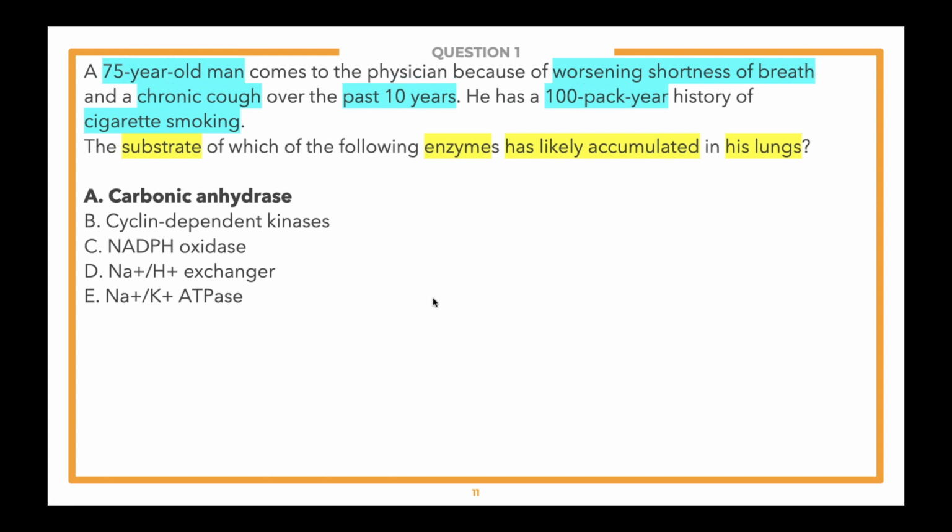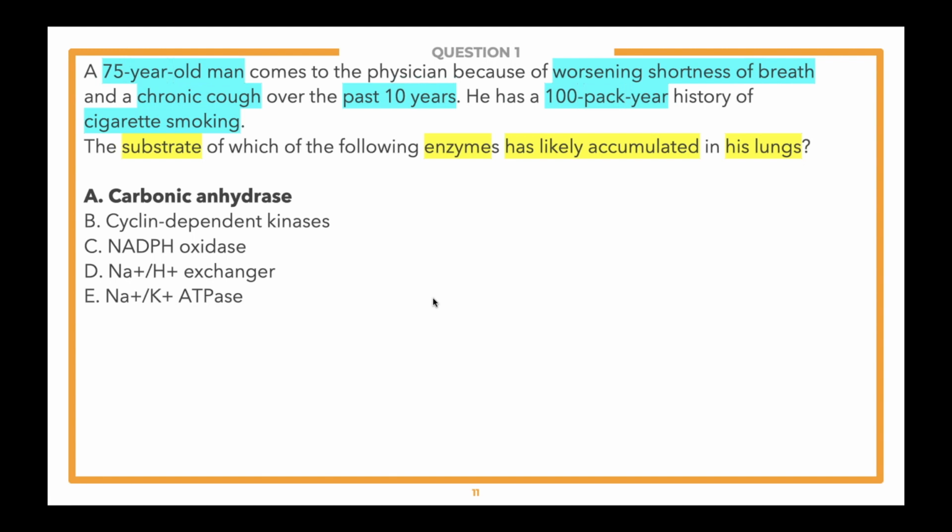In patients with COPD, they have air trapping, they have an issue with expiring or expiration, okay? So CO2 is accumulating in his lungs. So that's the substance that is accumulating. So now we've got to figure out what enzyme CO2 is a substrate for, okay?